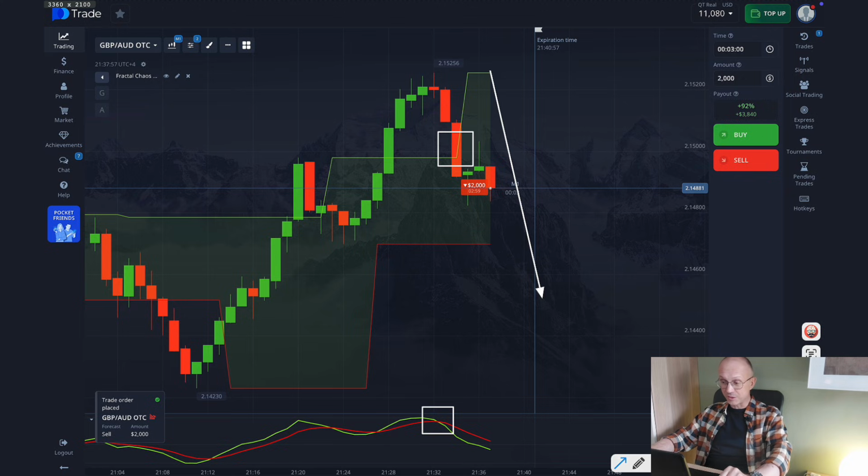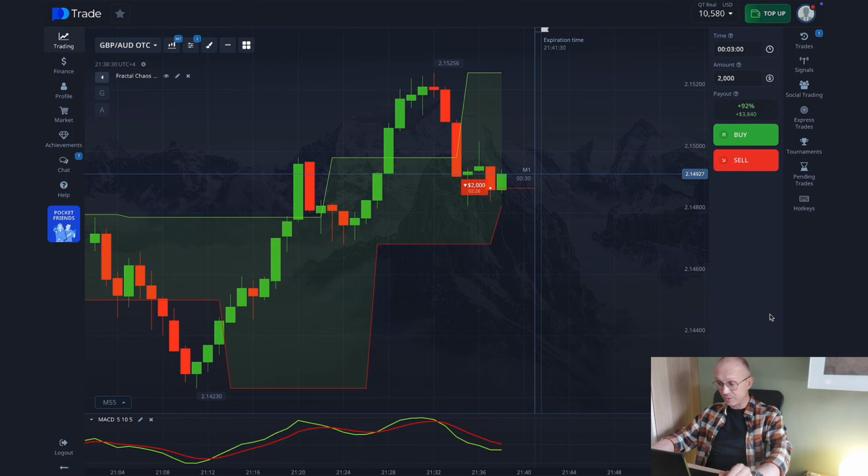This indicates a continuation of the trend and reinforces confidence in the chosen direction. Such momentum is an excellent additional factor, especially if it's supported by stable indicator readings.